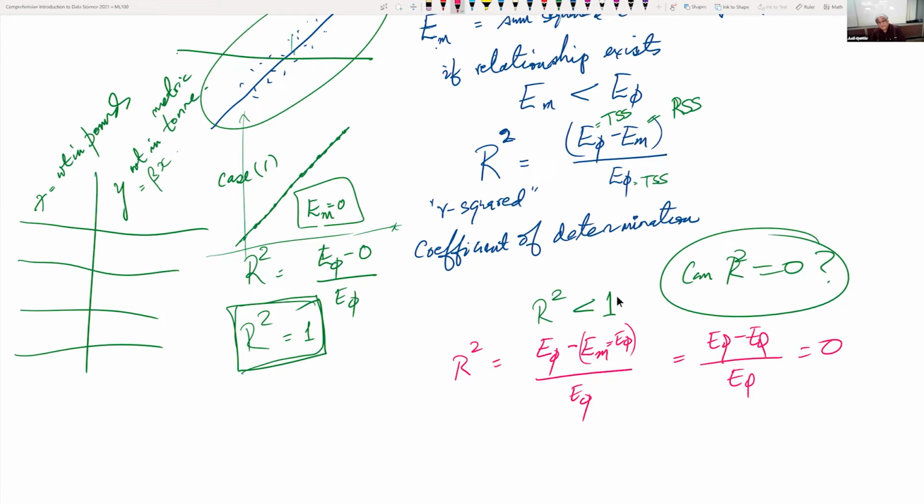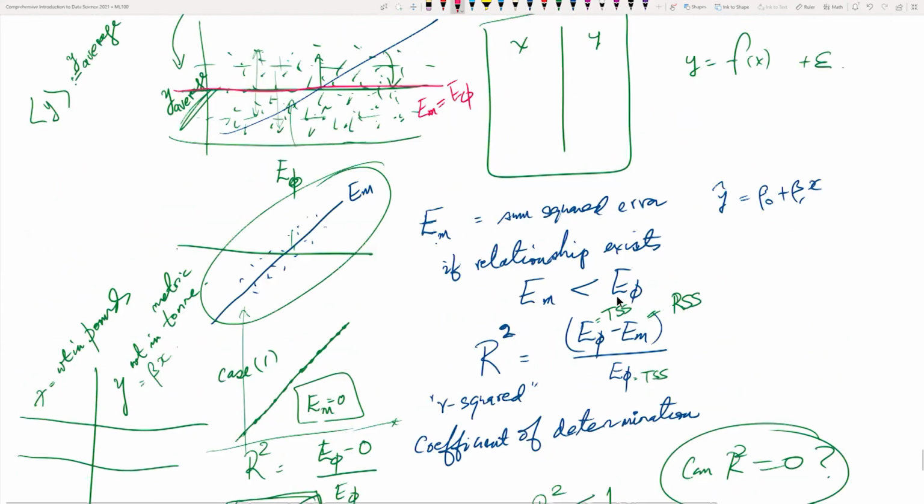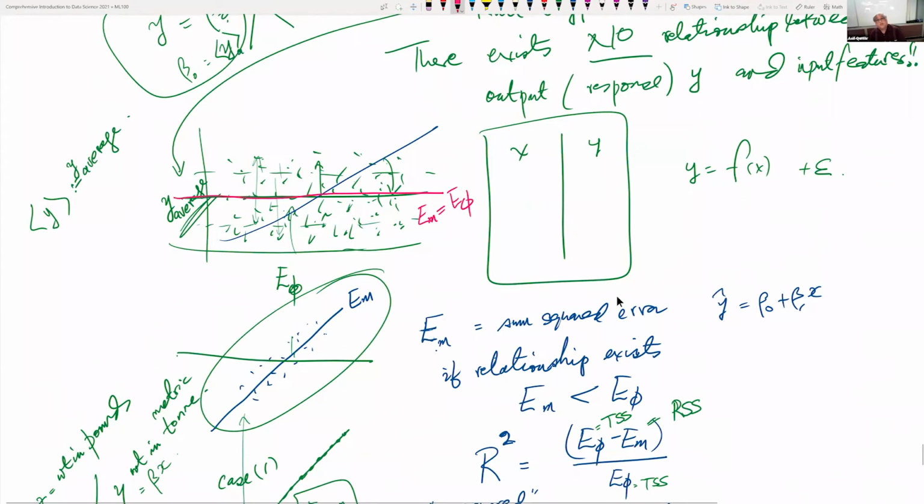But now let's take another situation. Can R square be negative? When things go wrong. Yes, look back at this situation. If the null hypothesis is true, what is likely to happen to a hypothesis like this?